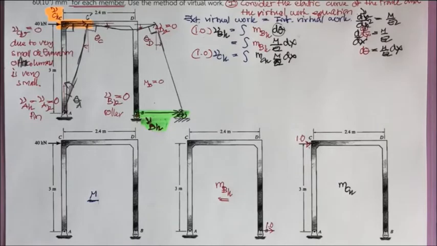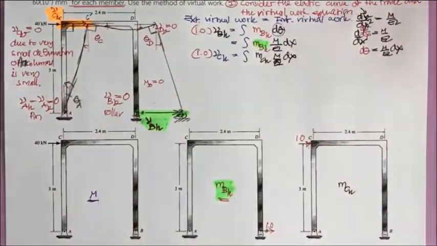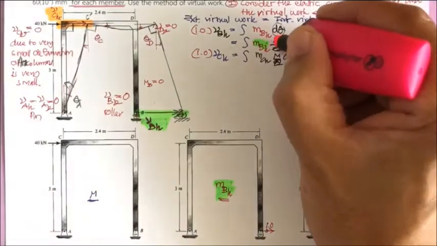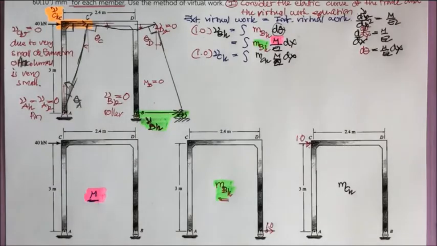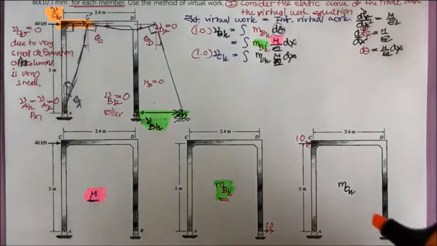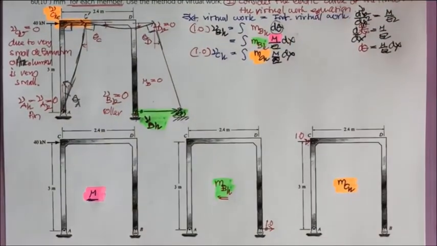By the virtual work equation, what are we supposed to do next? We're going to determine M sub BH. We're also going to determine the M here due to the applied loading, and also M sub CH for this.